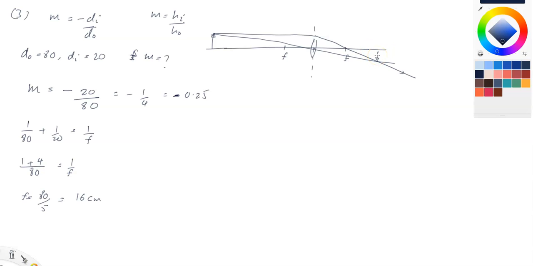Okay, here's your upside down image. Ideally 4 times smaller. Magnification is 0.25, 1 over 4. Negative, so it's upside down. And it's on the other side. This distance is 80 centimeters. This distance is 20 centimeters.